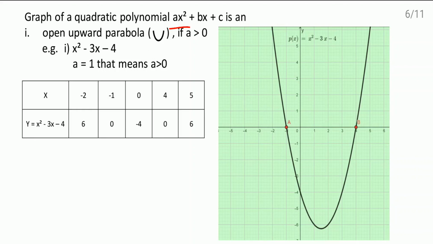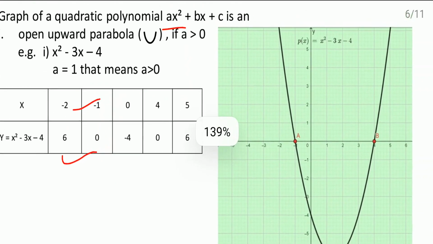As I substitute x equal to minus 2, I am getting y is equal to 6. See here, I will show you x equal to minus 2 here. At this place, you will get minus 2 and 6.